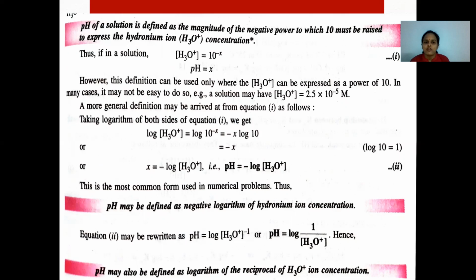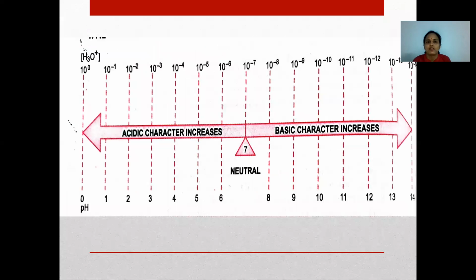Or we may also define pH as the negative logarithm of hydronium ion concentration or negative logarithm of H plus ion concentration. So the equation for pH is pH equals minus log of H plus. So pH is also defined as the logarithm of the reciprocal of H3O plus ion concentration.